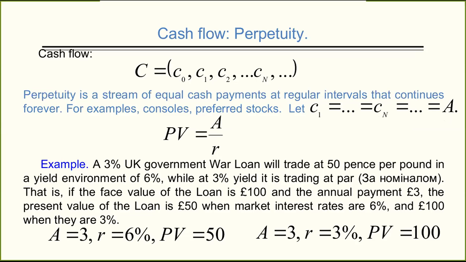Question. You said as an example, consoles and preferred stocks. What are consoles? It is as dividends. And about preferred stocks, can you give an example of those? How does this work with the preferred stocks?